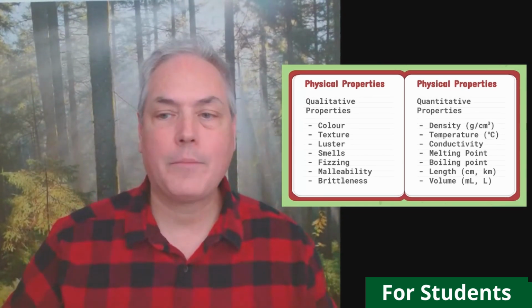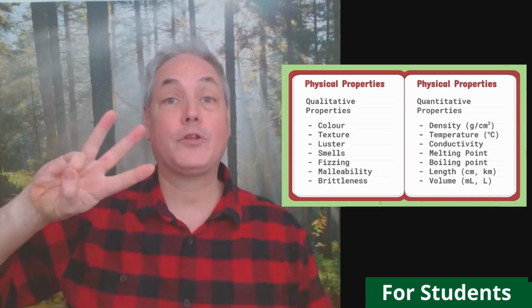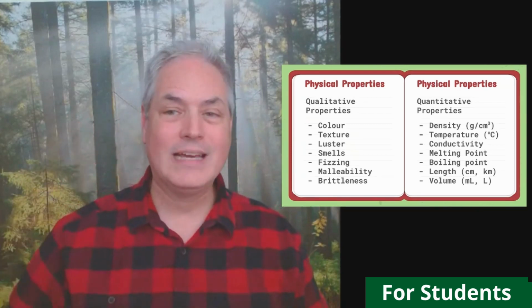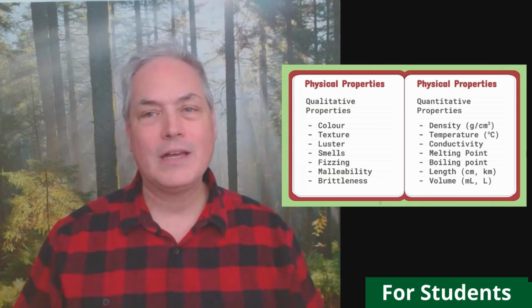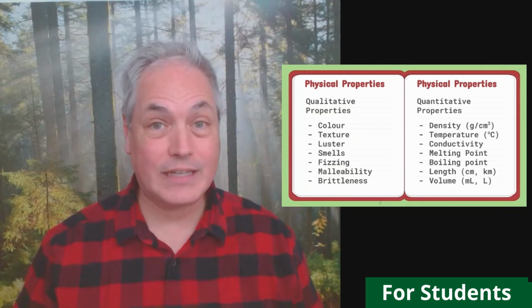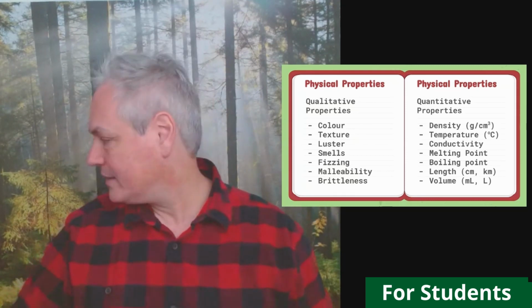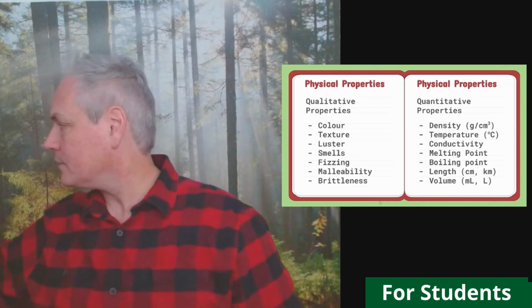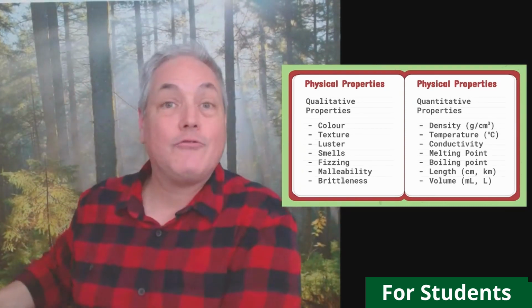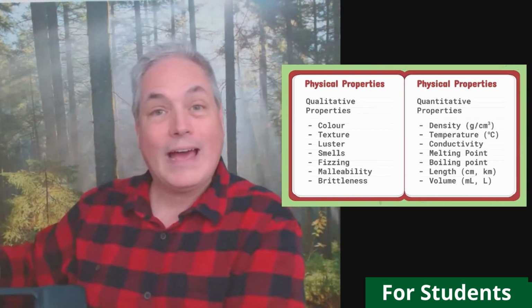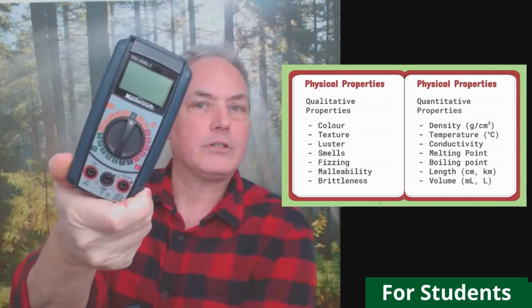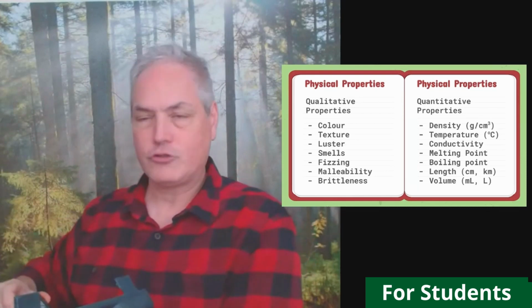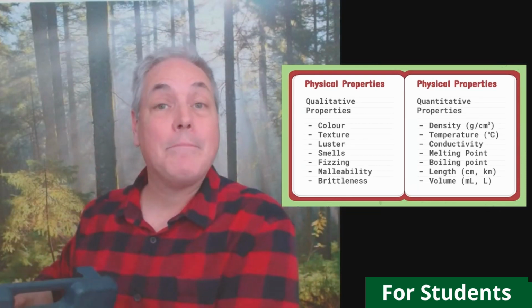Another physical property is temperature. We talked about the three states of matter. Depending on if we have ice, water, or water vapor, the temperature is different. We also have conductivity. If you have different metals, you have different conductivity, and we can use a multimeter like this to measure the conductivity of metals.